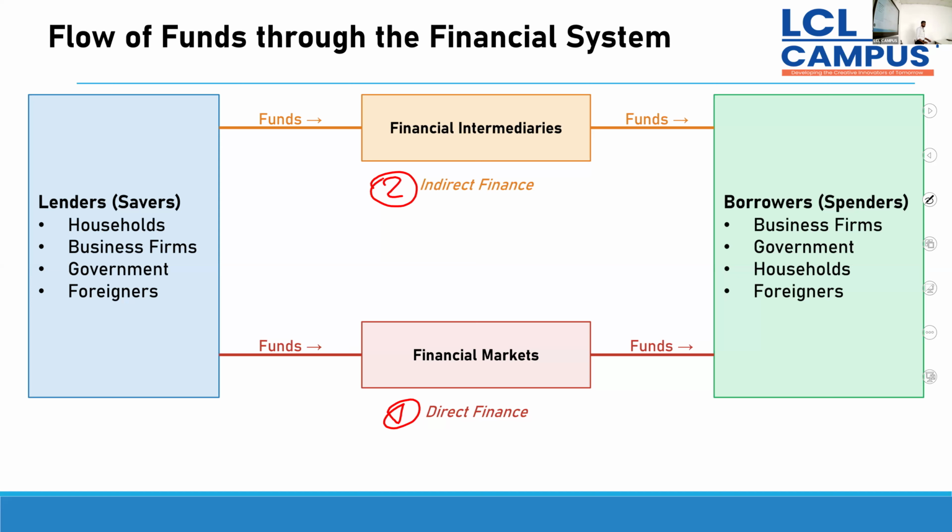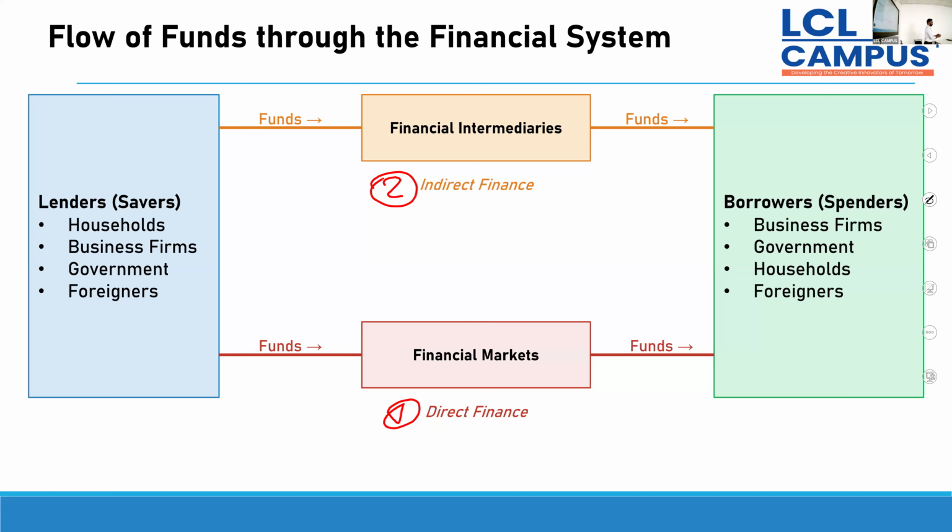We will discuss financial markets and intermediaries later. For the time being, just keep in mind that direct finance means you borrow funds through the financial market. Indirect finance means you borrow funds through financial intermediaries, which means financial brokers.